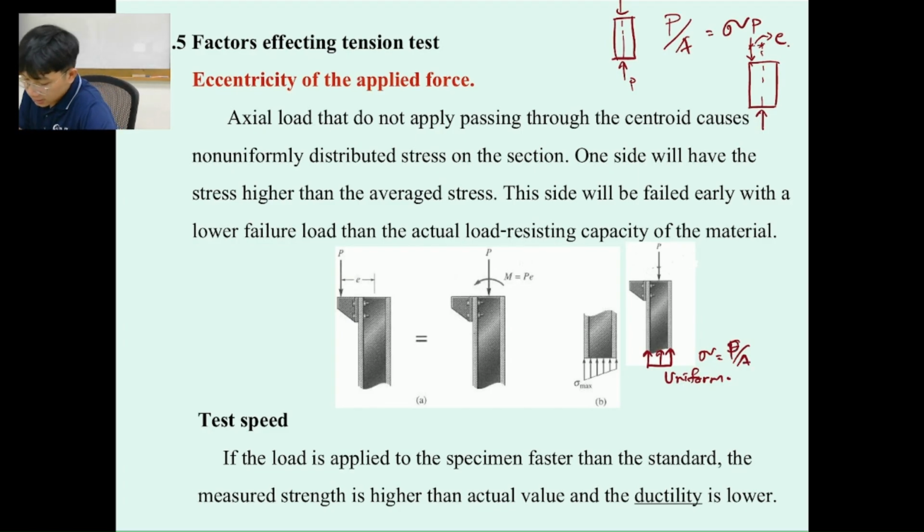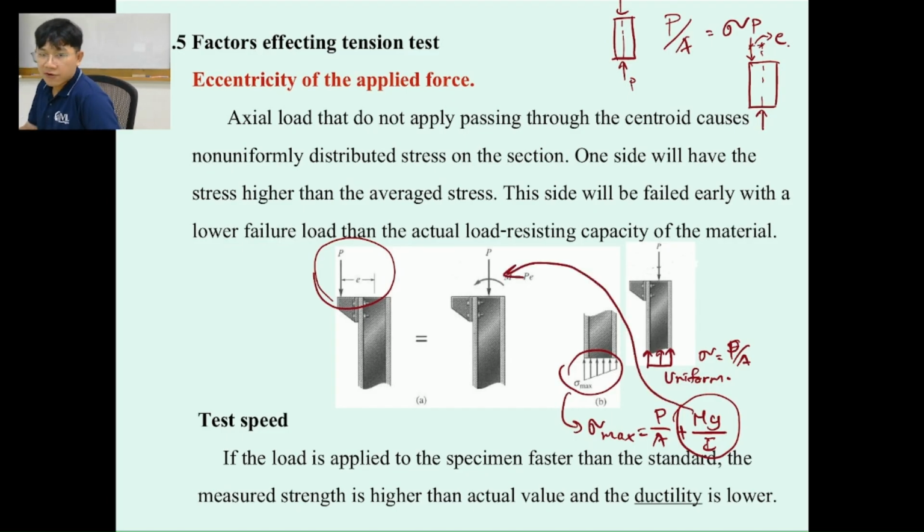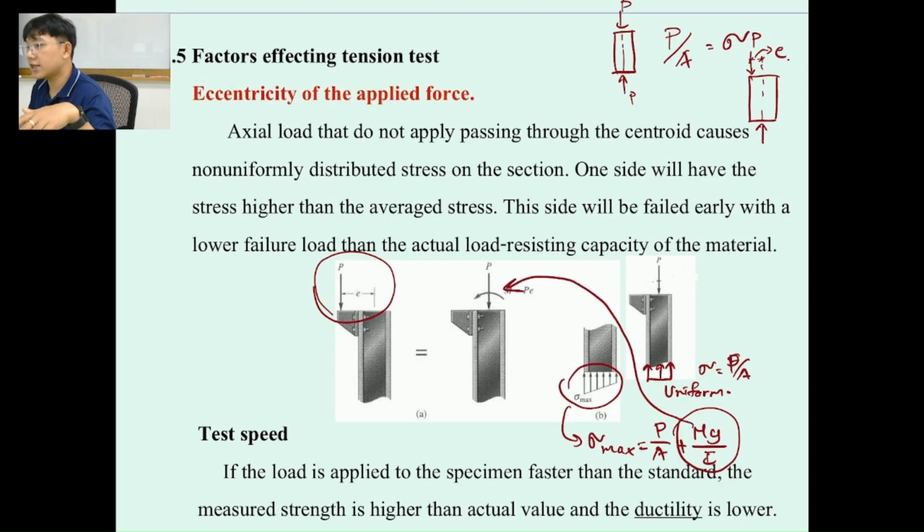But when there's some eccentricity length as shown in these figures, you know what happens? The stress at the bottom over here, stress max, is going to be P over A plus the moment multiplied by Y divided by I, which means there will be some stress caused by the moment, where the moment comes from the eccentricity length multiplied with the force.